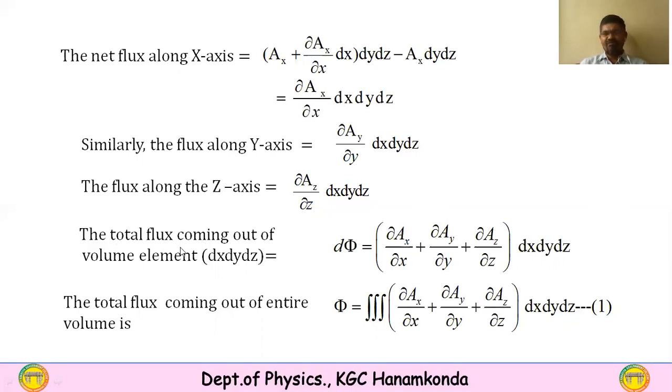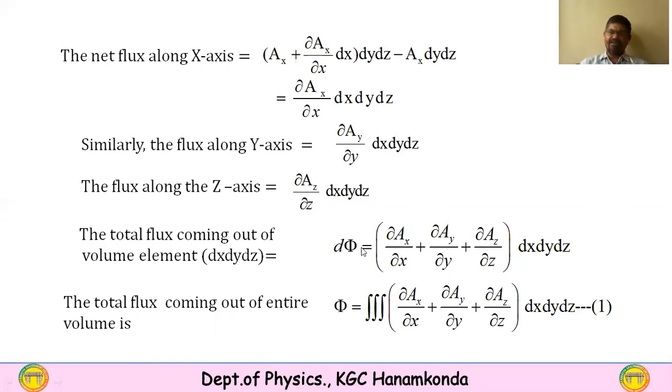Therefore, the total flux coming out of the volume element is dφ equals (∂Ax/∂x plus ∂Ay/∂y plus ∂Az/∂z) into dx dy dz. This is the flux coming out of the small volume element.